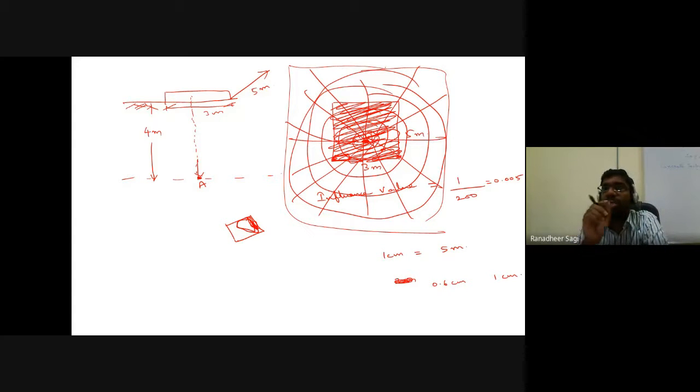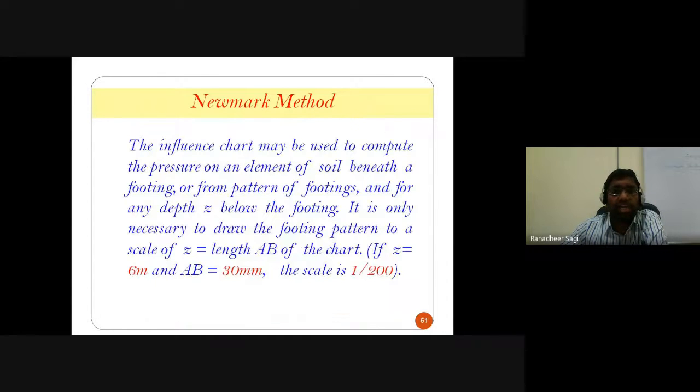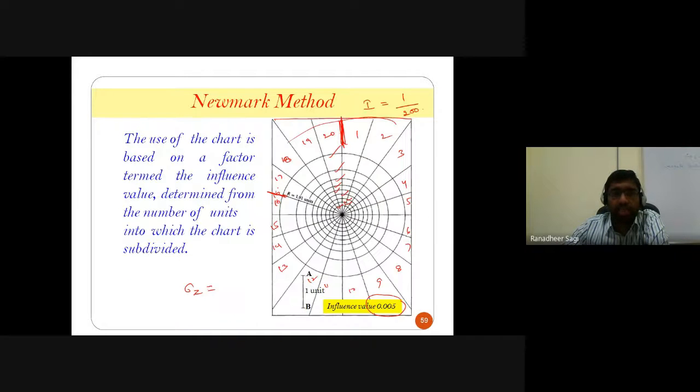I'll count that many elements covered by the represented area, and once the number of elements is counted, we can easily go on to calculate your vertical stress. Okay, so your vertical stress is nothing but the uniform pressure transferred into your influence factor value.